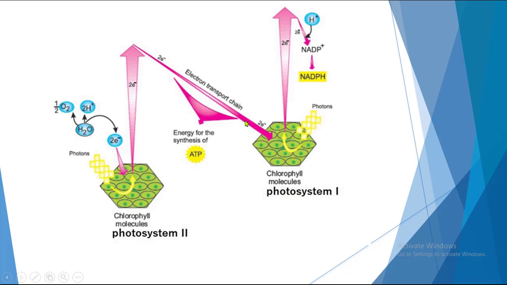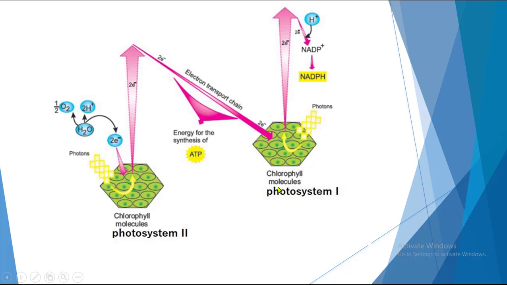This is enough at your level. So where are these electrons now going? These electrons now reach photosystem 1. For our convenience, we are discussing it step by step, that electrons are excited from photosystem 2, they move to the electron transport chain and then they are received at photosystem 1.